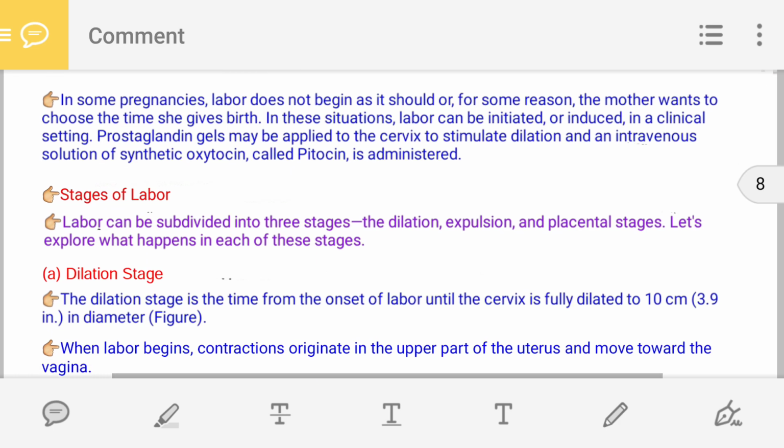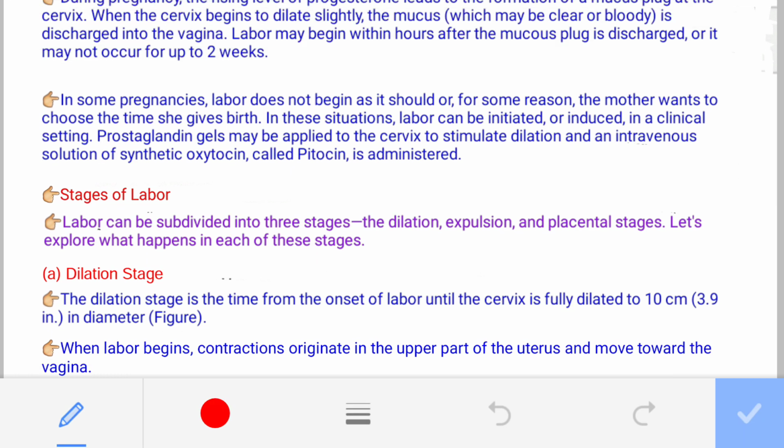Another thing the doctor will do is inject the synthetic oxytocin solution, which is known as pitocin. Pitocin is given to dilate the cervix.